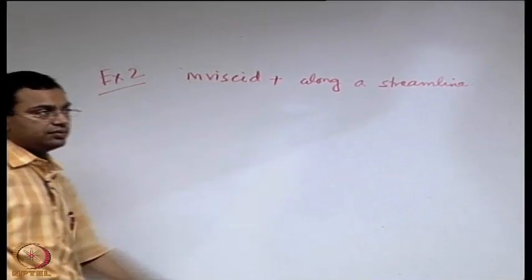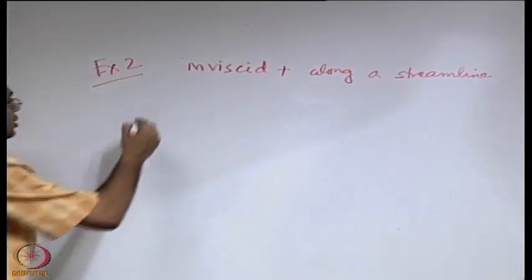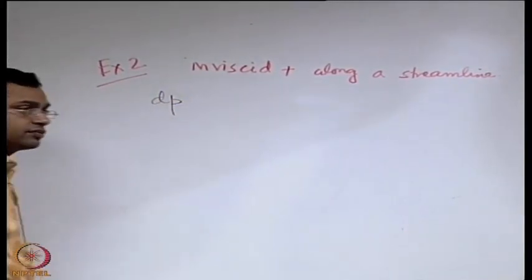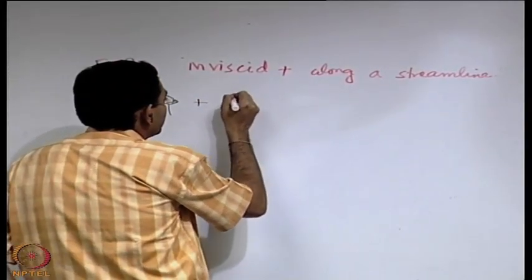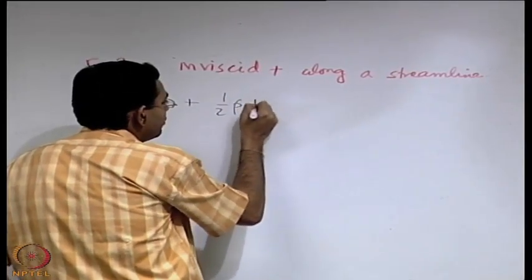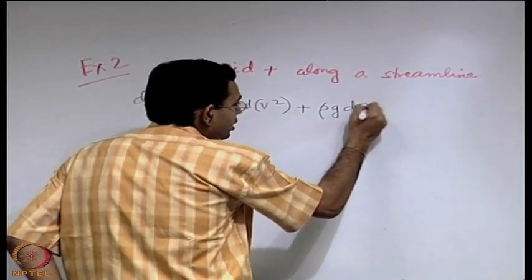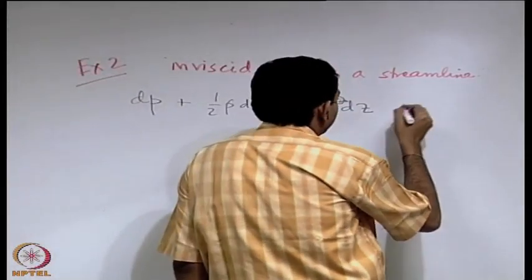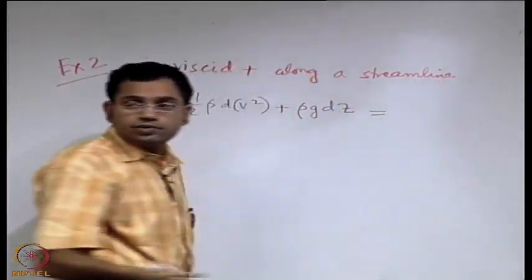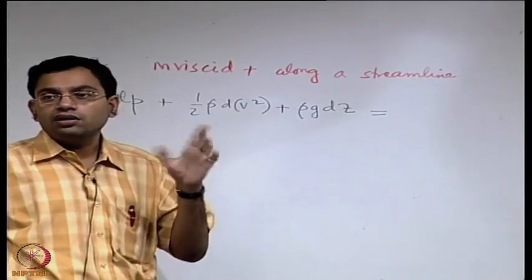We will start with the Euler's equation form. So let us try to write that. dP plus half rho dV square plus rho g dz, these were the first 3 terms. This was equal to, now 2 extra terms were there which we dropped by consideration of steady flow and along a streamline.